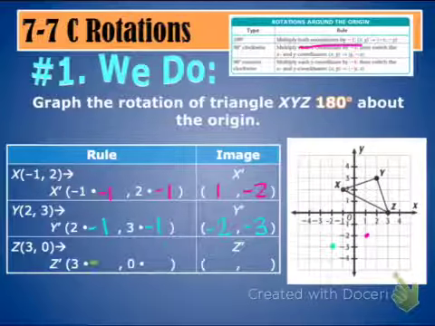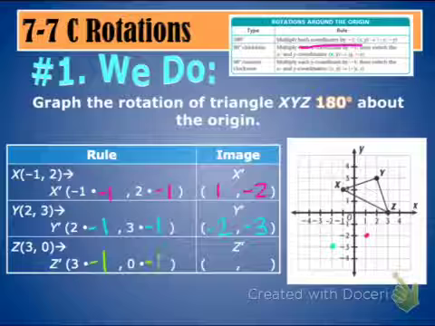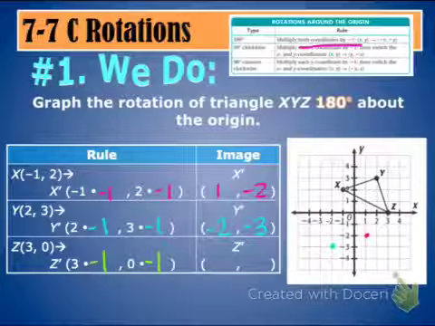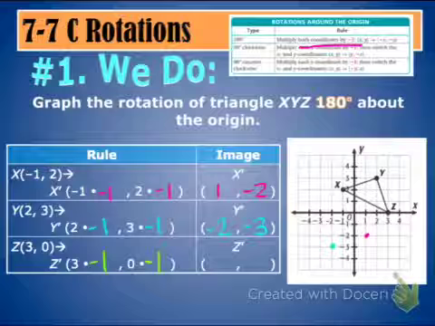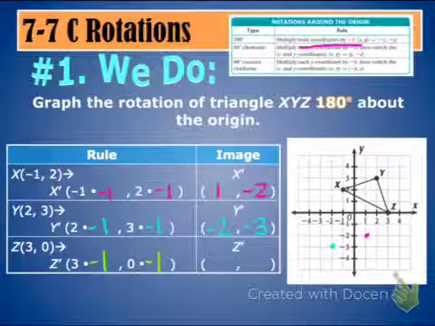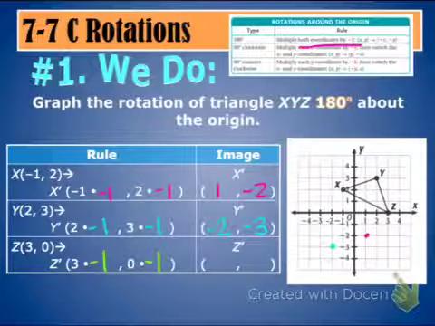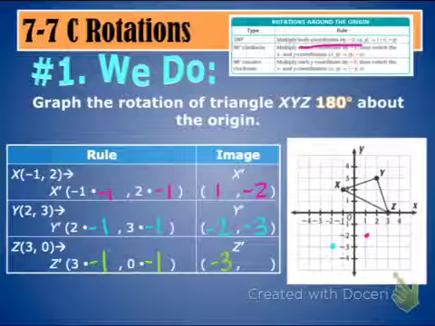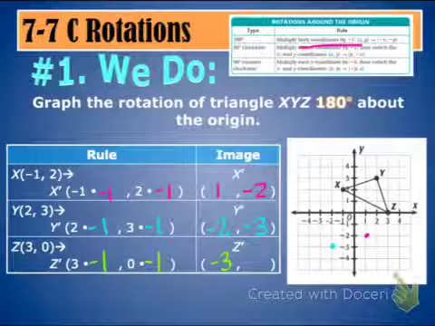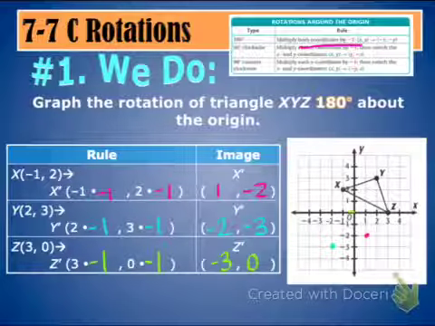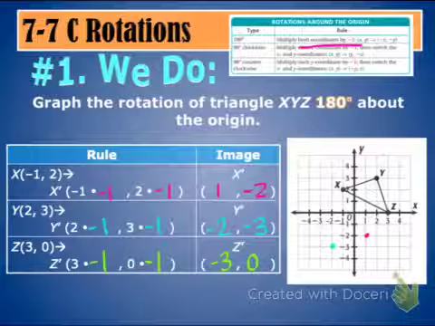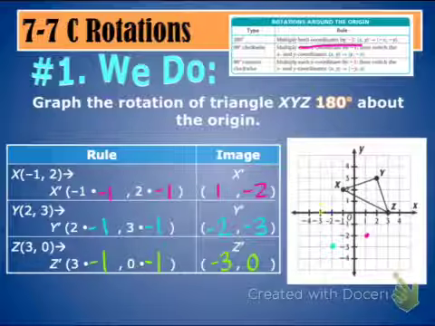And finally, I'm going to move my z a rotation of 180. So I multiply again both of them by -1. So that has an original location of 3 comma 0. So my 3 is going to become -3, and 0, because you can't really change it, is still just going to be 0. So I'm going to come to -3, 0, and I'm going to put my dot there.